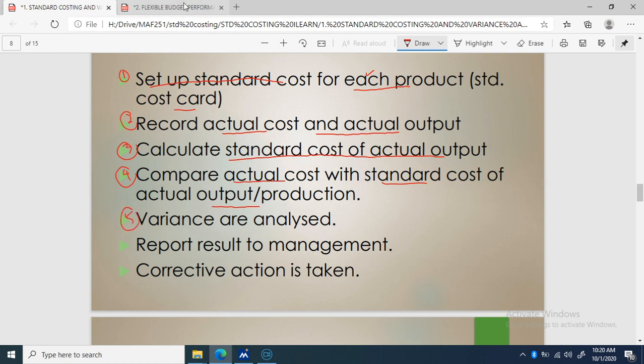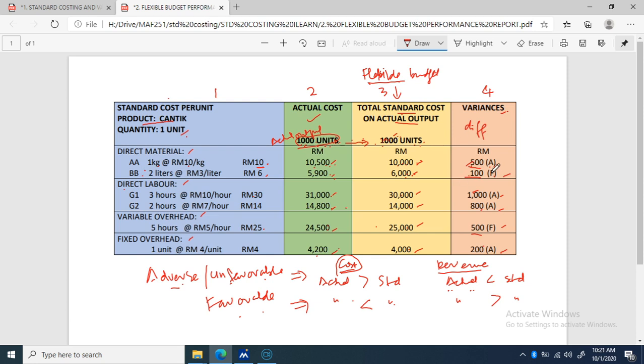Okay, variances are analyzed, so you analyze either adverse or favorable. So this is material cost. How to get material cost? The quantity times the selling price.